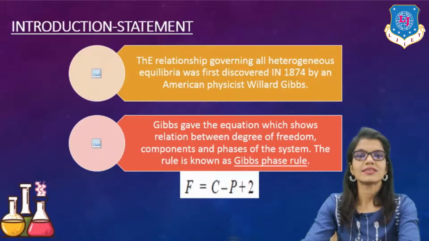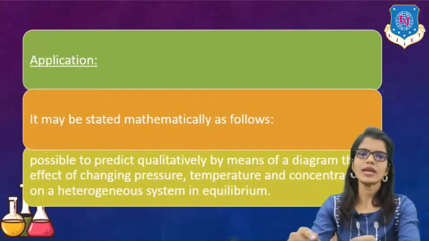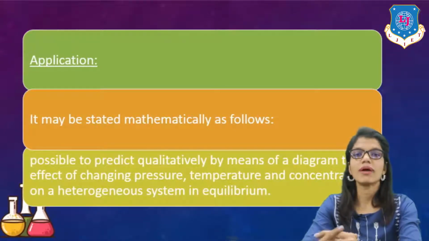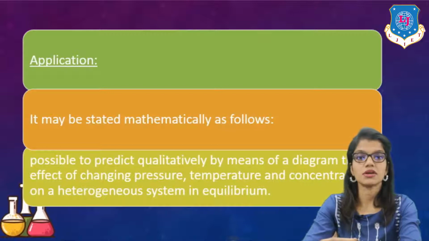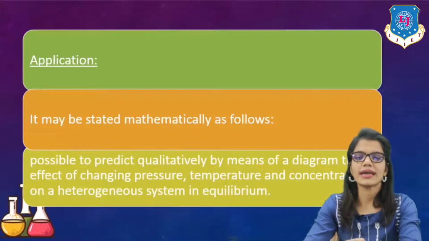Now let's see what the applications of Gibbs phase rule are. As you all know, we have many applications in the latest chemical studies. Along with that, it is possible for us to predict qualitatively, by means of a diagram, the effect of changing the pressure, the temperature and the concentration on a heterogeneous system in equilibrium.